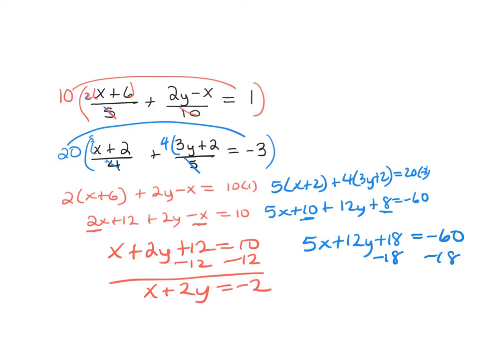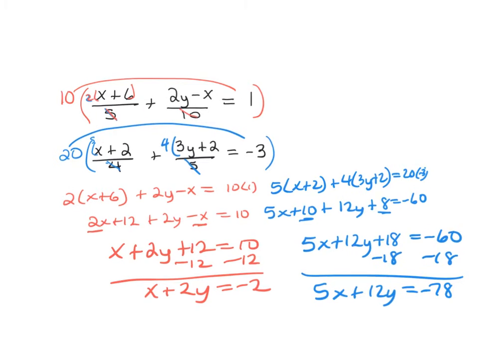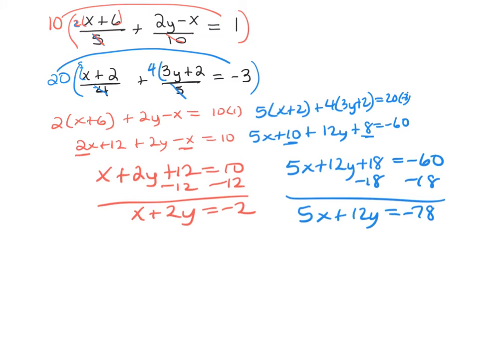Move the negative 18. And now I need to figure out what variable I want to eliminate. Now, I could eliminate x by multiplying this equation by negative 5, or I could eliminate y by multiplying it by negative 6. Either way, it doesn't matter. So let's try the x.